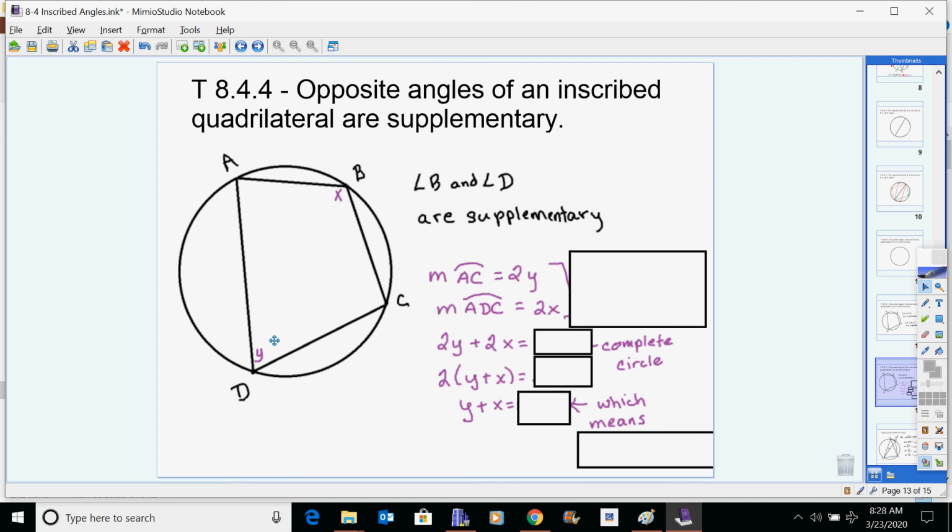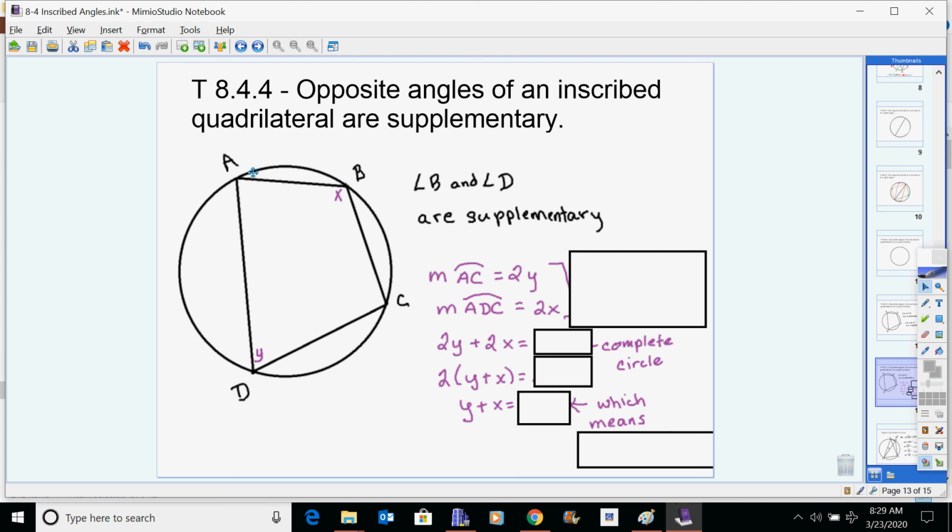Okay, so first of all, we're going to show you why x plus y has to equal 180 degrees. So I'm just going to label this one as angle x and this one as angle y. Because an inscribed angle is half of the intercepted arc, arc ADC is going to be 2 times x, and arc AC is going to be 2 times y.